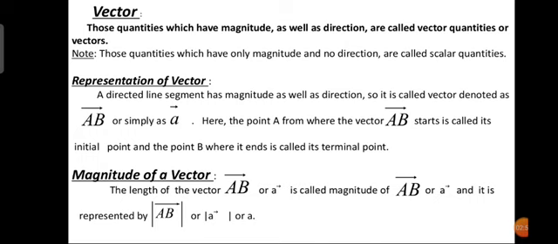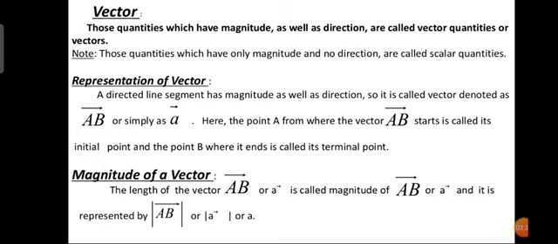The vector AB starts from the point A and ends at B. So its initial point is A and its end point, or terminal point, is B. Is it clear?